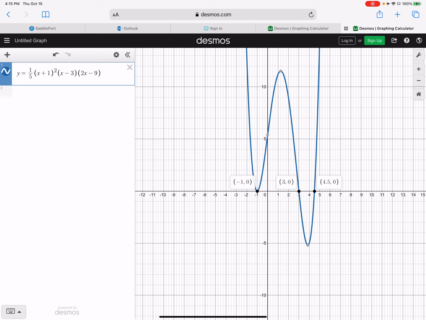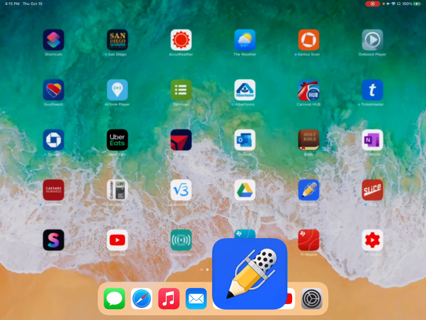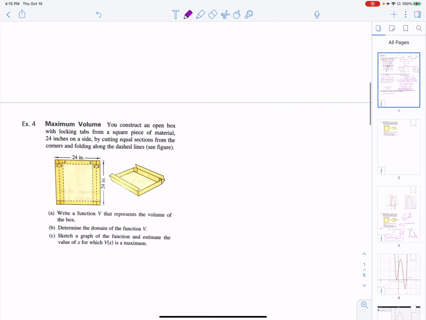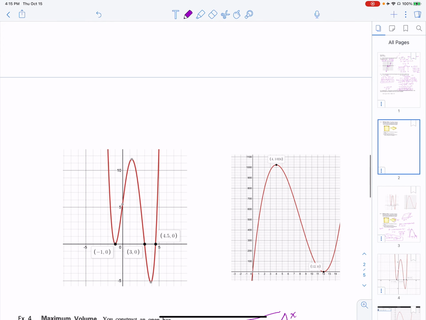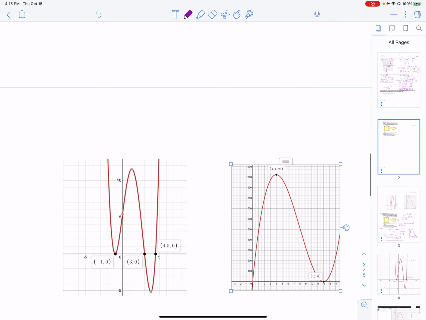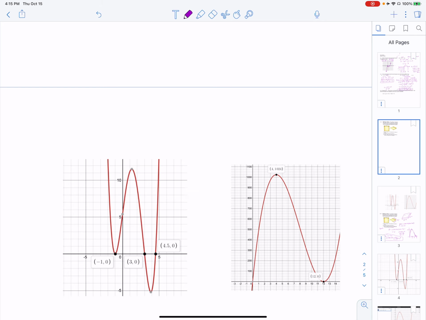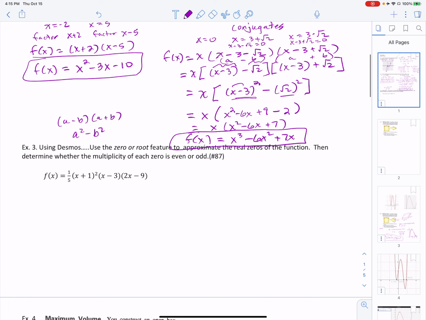And so then we're going to grab that and sketch that in the problem, just having used Desmos. So I'm going to go back to Notability and use a zero or roots. I had pre-scanned that, and so I am going to take this and copy and move it up here. Otherwise, you can just hand sketch it.